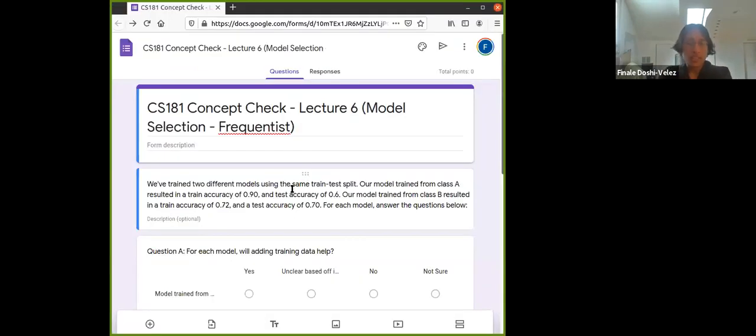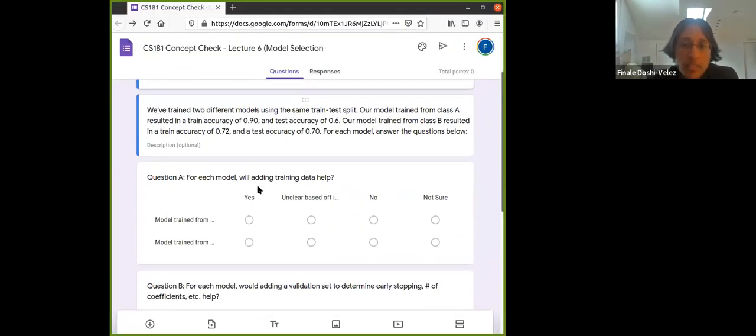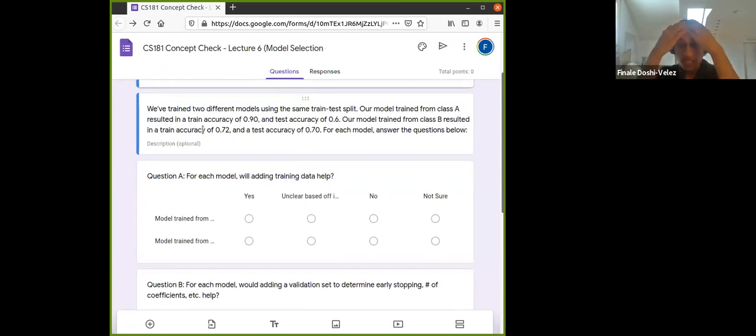So here's the concept check. The premise of this concept check is quite simple, but the intuition is quite deep and important. We have two models, model A and model B. Model A has a train accuracy of 0.9, but when you test it on a test data set, that accuracy drops to 0.6.